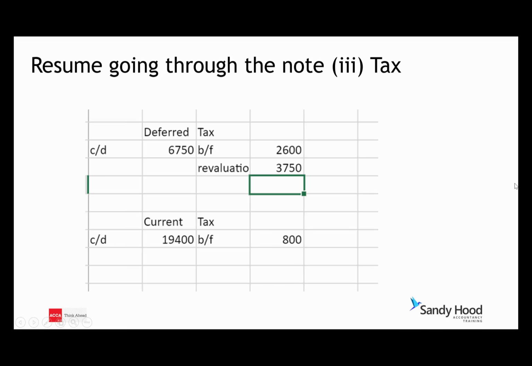So here we can go in straight away, and we know that the closing deferred tax is going to be 6,750. We were given the opening amount, and we were given the amount of revaluation. Well, we've already calculated the amount of revaluation, and with the current tax, again, we're taking this off the trial balance, but we've got the 800, and then we know that the 19,400 is the figure that the note has just told us is going to be going into the current liabilities.